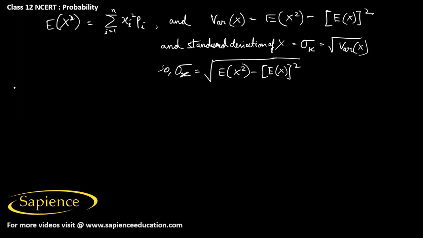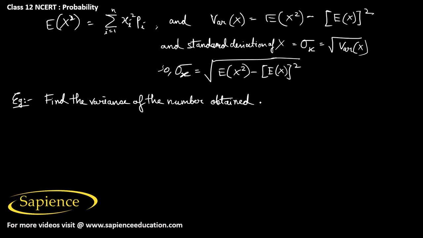We can understand these three by using one suitable example. Suppose it is asked to find the variance of the number that is obtained on a throw of an unbiased die.